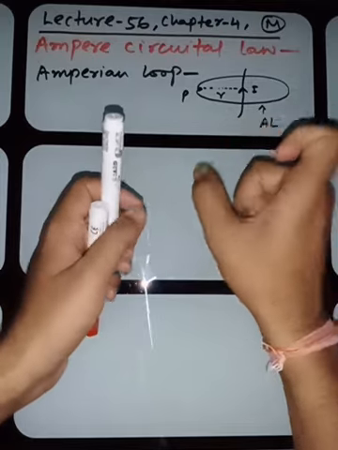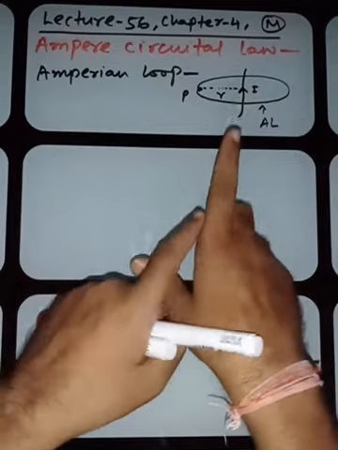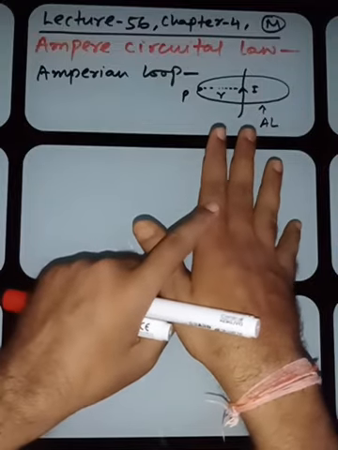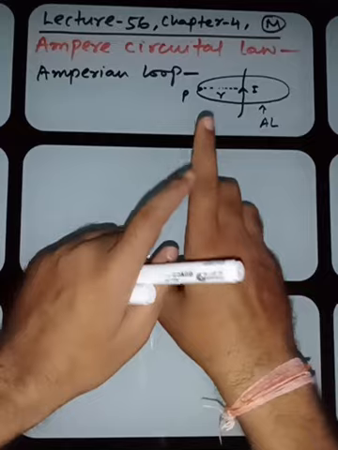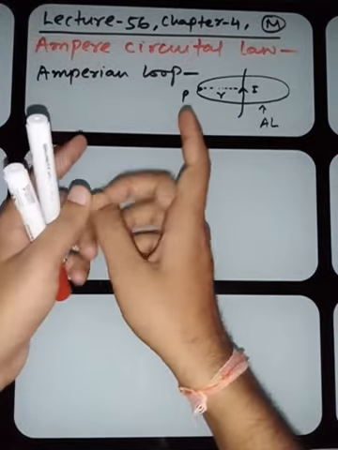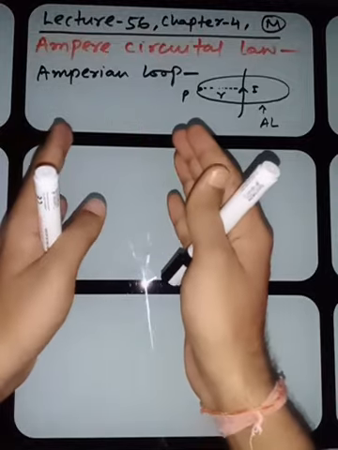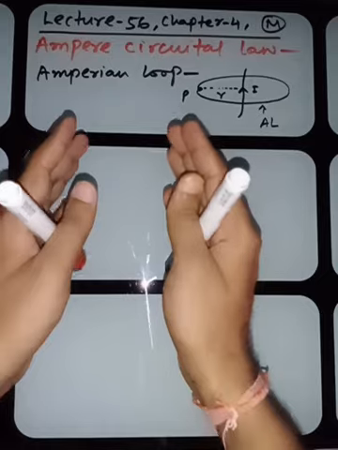And the last thing, which is very important: if you are going to apply the Ampere Circuital Law, then the current must be steady.